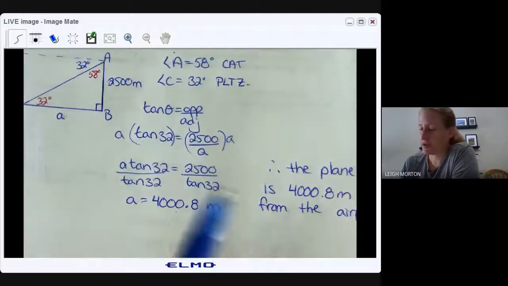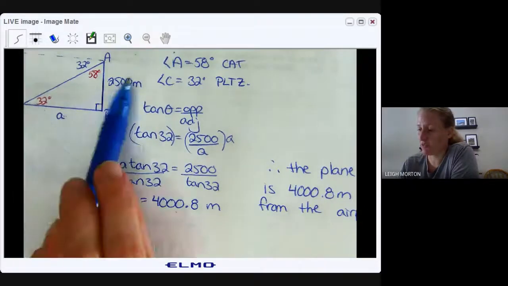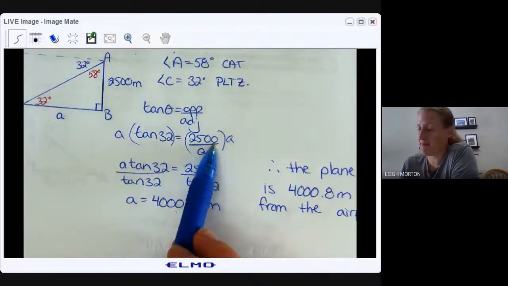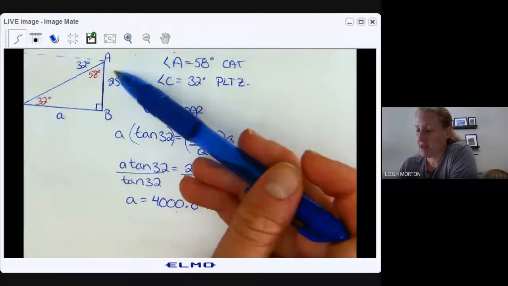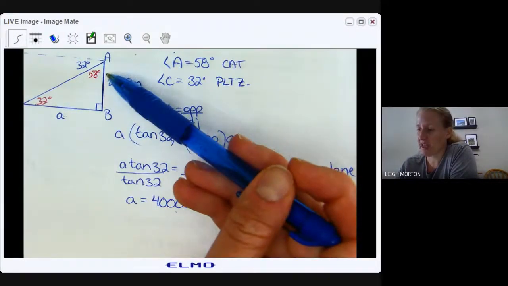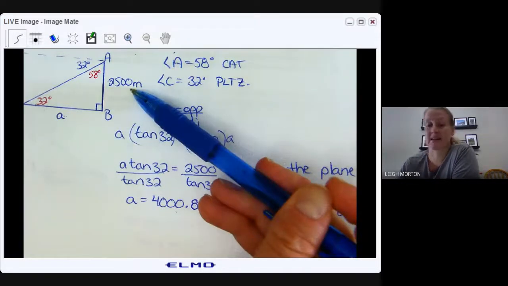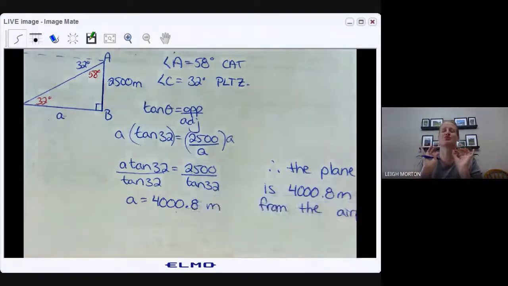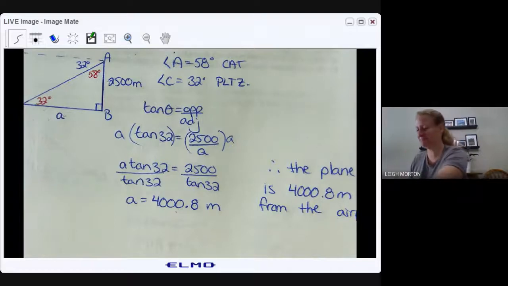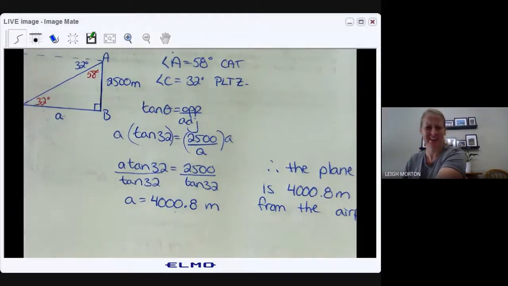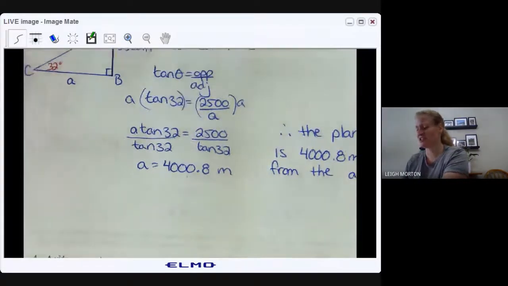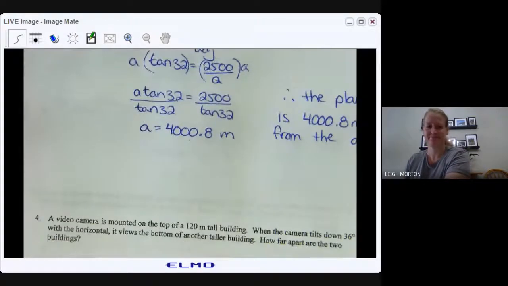So I worked with the 32-degree angle, so tangent is opposite over adjacent, 2500 over A. If you worked with angle A, you'd have tan 58 equals A over 2500. And when you rearrange, though, you get the exact same answer. This is the beauty of trigonometry. Delicious. Let's keep going. 3 questions to go. And then you're done learning for the year, which I know makes you guys very happy.